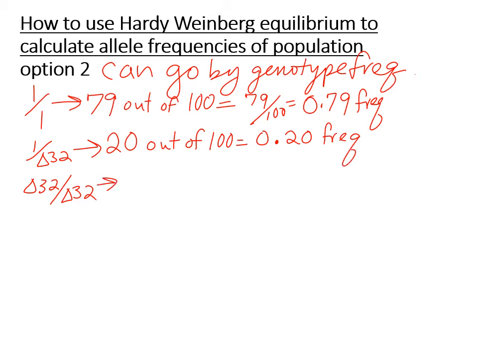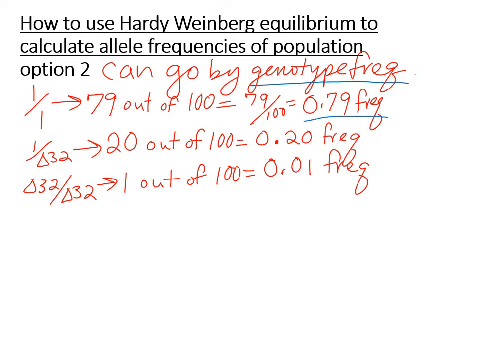And the third one, we said 1 out of 100. So you would do 1 divided by 100, which is 0.01 frequency. Okay? So now that you wrote out your genotype frequencies, there are your 3 genotype frequencies.